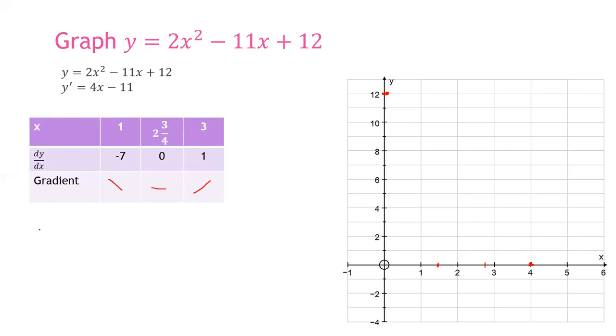And it becomes y equals 2 times (11 over 4) squared minus 11 times 11 over 4 plus 12.